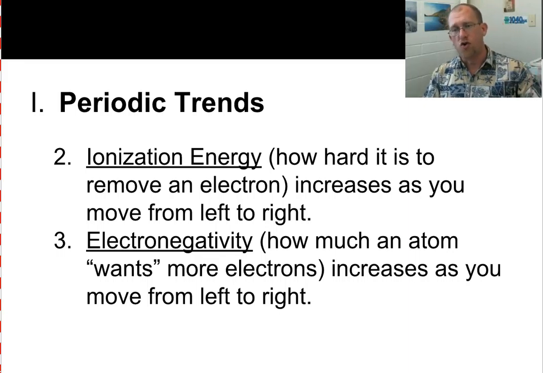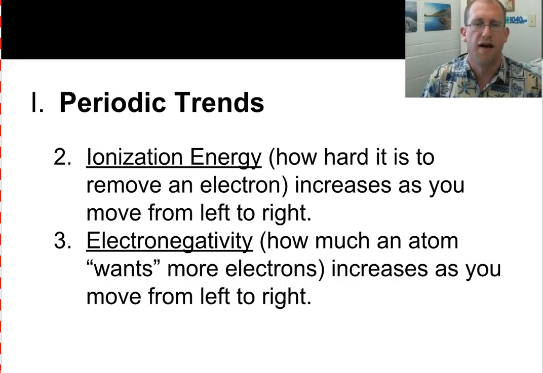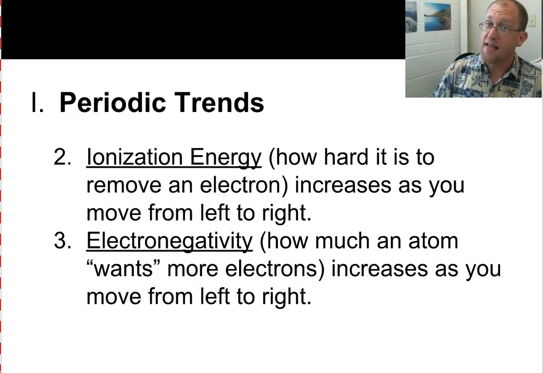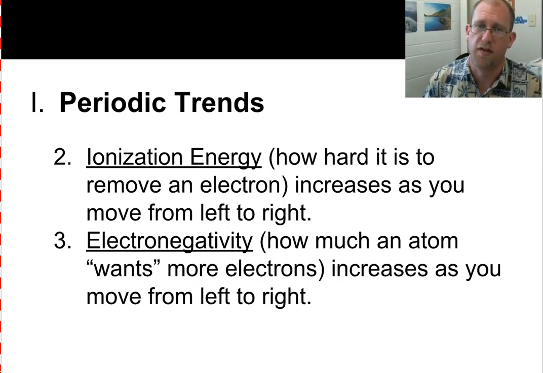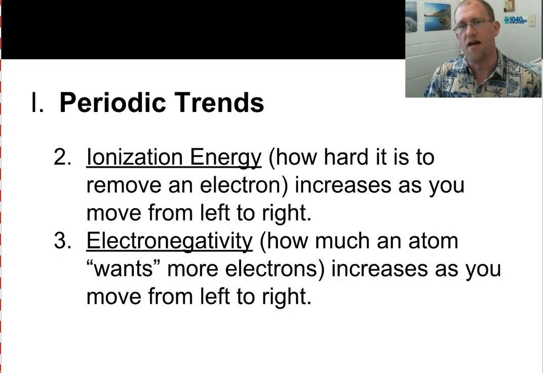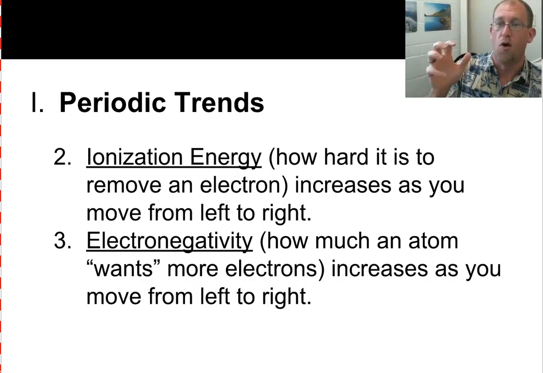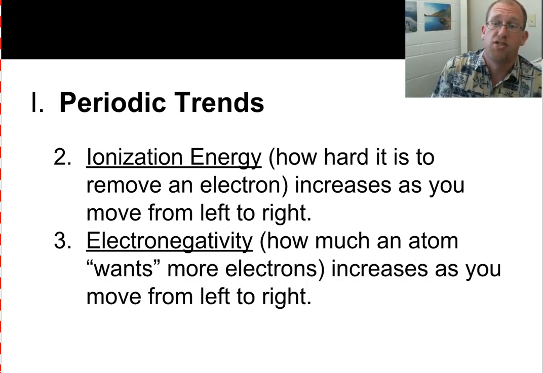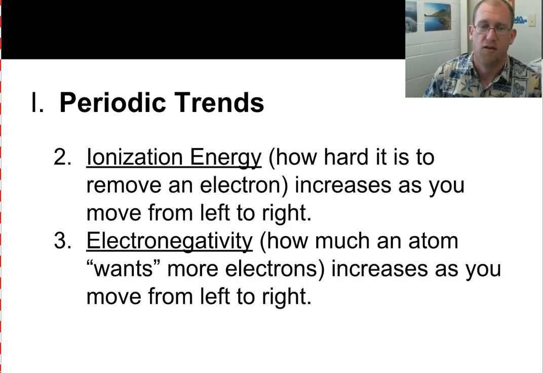So as you move across the table from left to right, you'll find that ionization energy increases. It's easy to get rid of electrons at the left end of the table. It's hard to get rid of electrons at the right end of the table. Electronegativity is the exact opposite. Ionization energy is how hard is it to pull one off? Electronegativity is how much does it want to hang on to the ones it has, right?